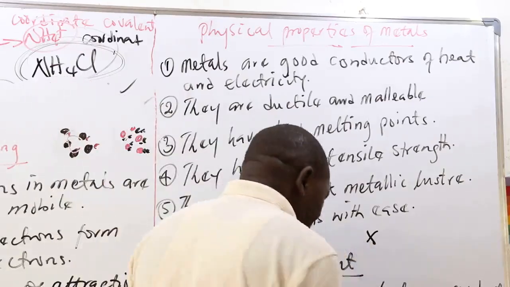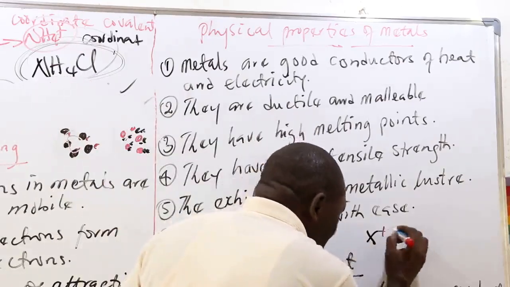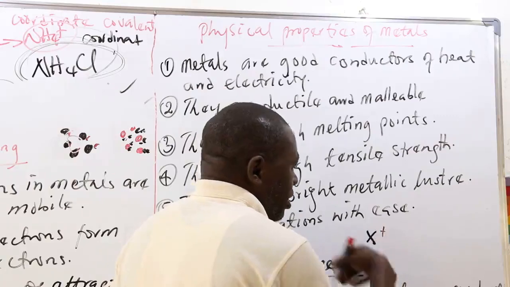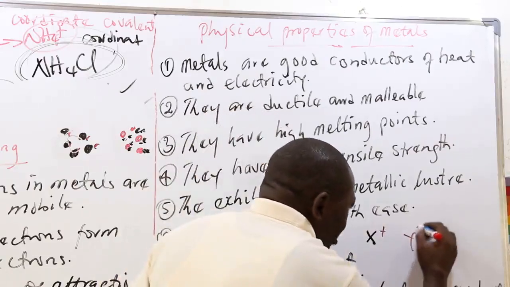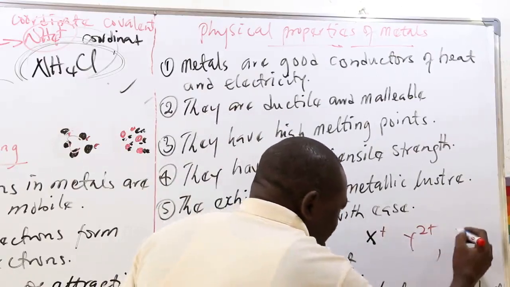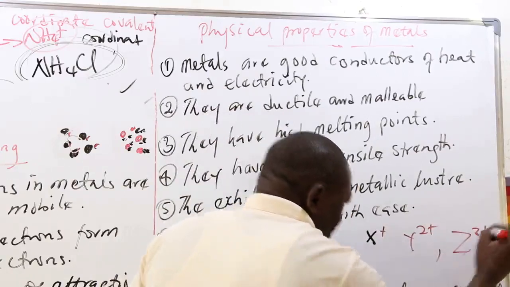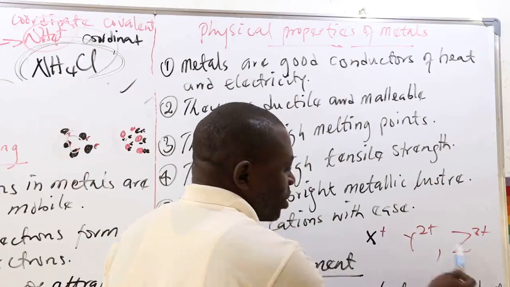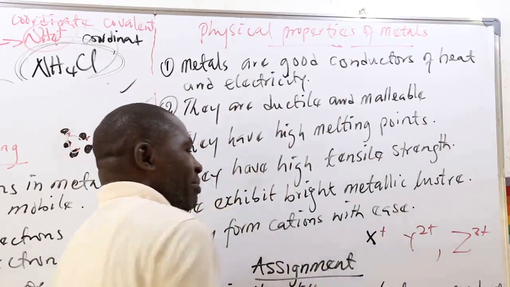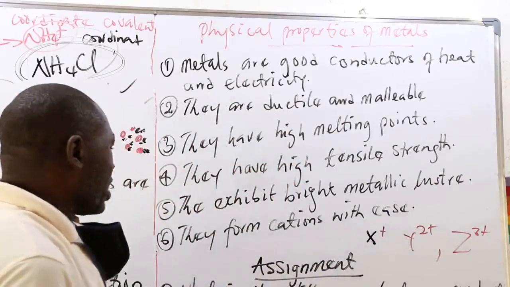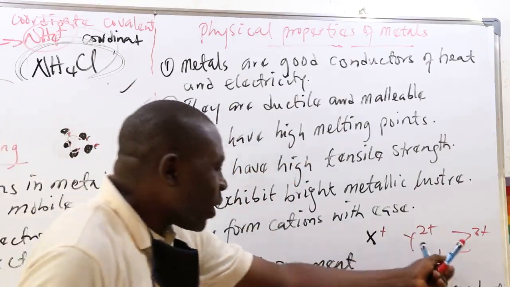Anywhere you see a metal, you will see that it carries a positive charge, depending on the number of electrons it is losing, it could be 2 plus, could be 3 plus. This X, Y, and Z are just standing for the elements. So they form cations.